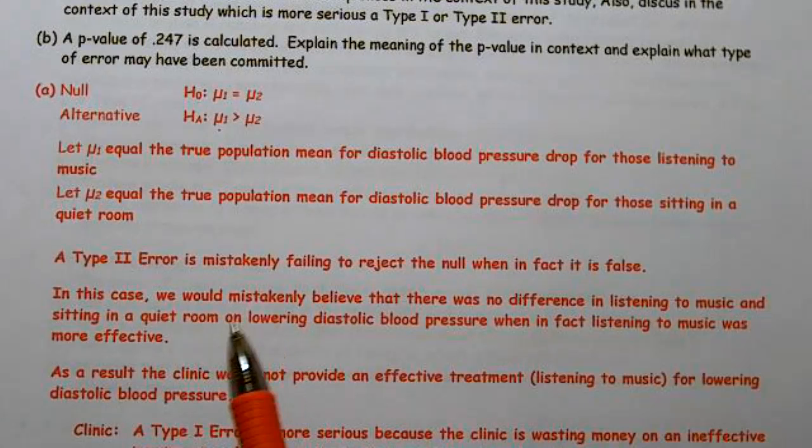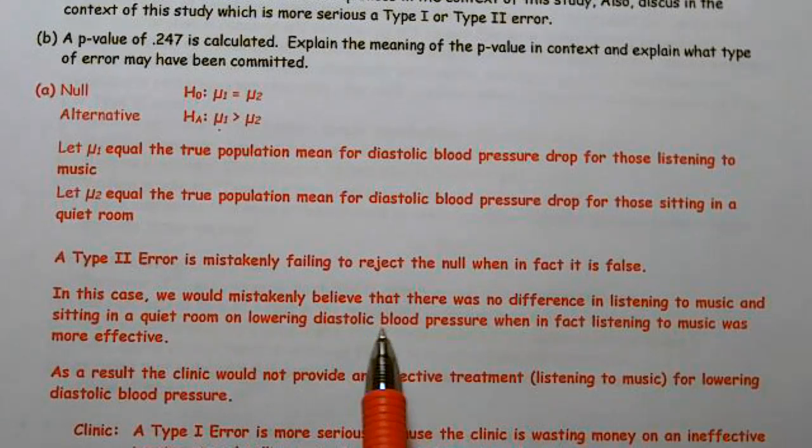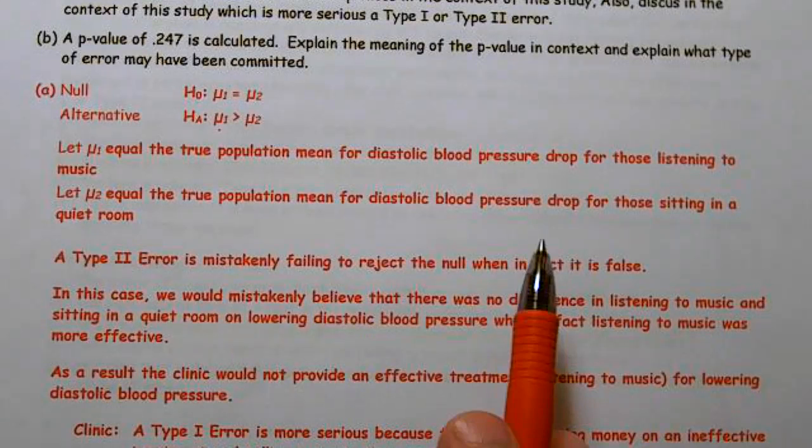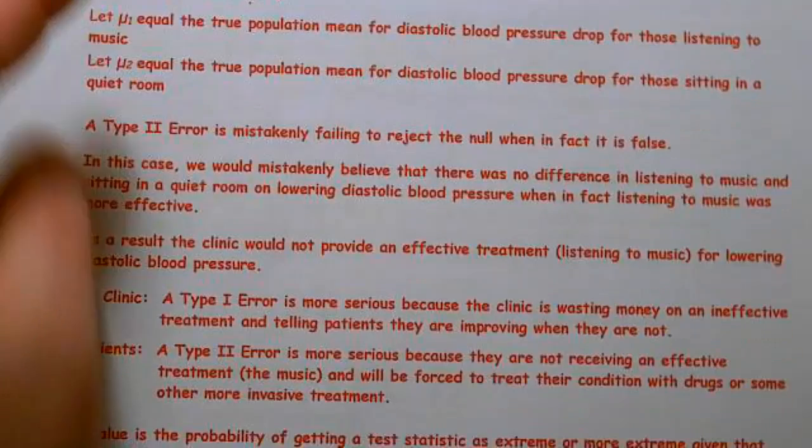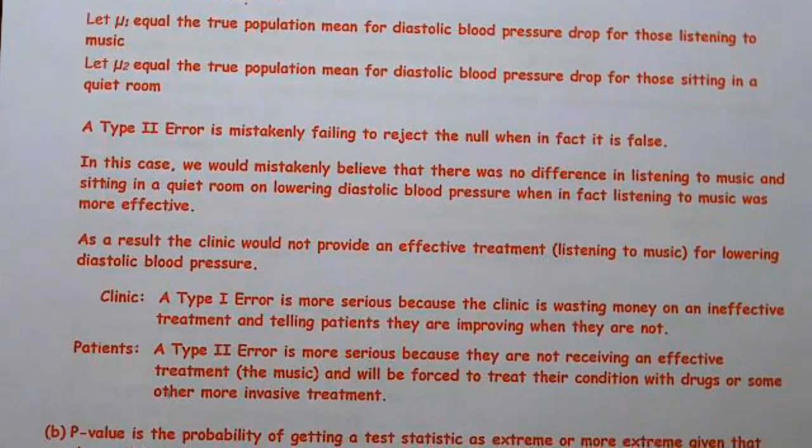So in this case, we mistakenly believed that there was no difference between listening to music and sitting in a quiet room on lowering diastolic blood pressure, when in fact listening to music was more effective. As a result, the clinic would not provide an effective treatment, listening to music, for lowering diastolic blood pressure. In other words, they're not going to use a more effective, non-invasive treatment for lowering blood pressure because they think it doesn't work.